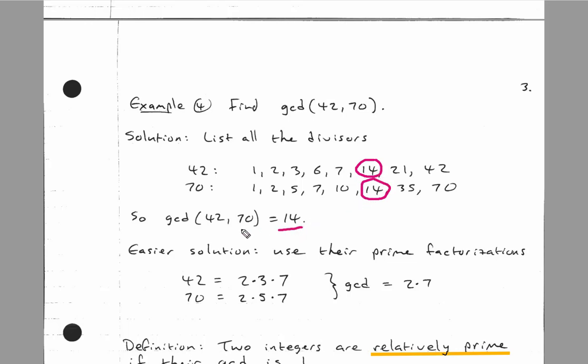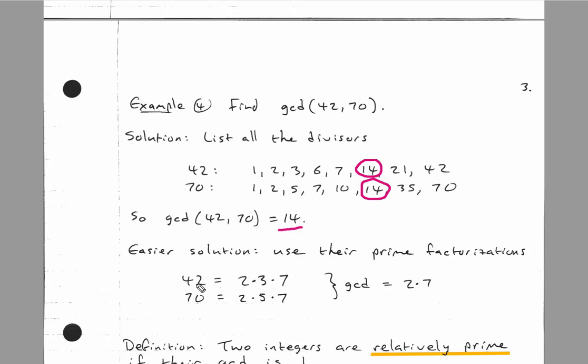So that's the GCD we're looking for here for these two numbers. All right, so if the numbers aren't too big, you could certainly find the GCD this way, but a more efficient way is to use the prime factorizations of the two numbers.